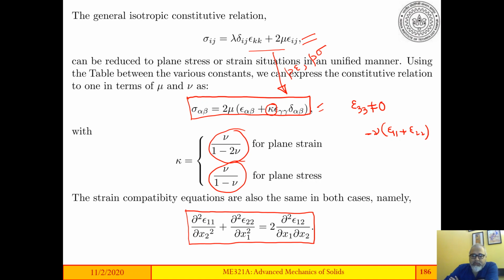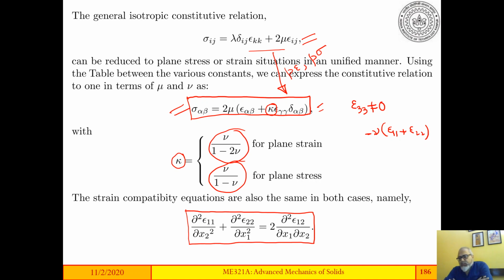But you have to remember that there is a difference in the constitutive equation, which arises because of the difference in kappa. So plane strain and plane stress constitutive equations are slightly different. Their stress and strain states are, of course, different. But in both cases, all we have to solve for are the in-plane stresses and strains. Once we do that, the out-of-plane strains or stresses, as the case may be, can be derived as a post-processing exercise.